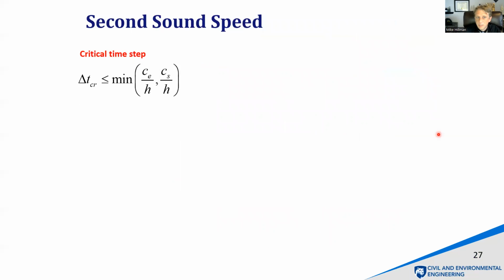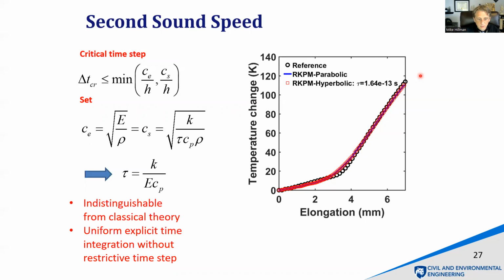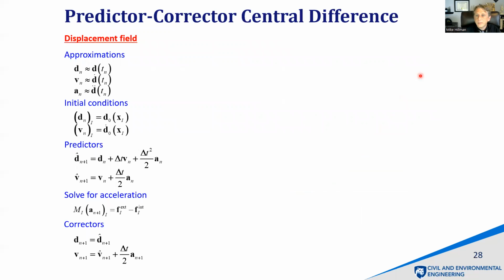Okay, how about that second sound speed? Now we have a real material. We're going to set them equal to each other for the elastic and the thermal, and you can see, well, our results basically overlap for parabolic and hyperbolic. So this is kind of confirmation of what I mentioned before. Okay, I'll just show real quick.